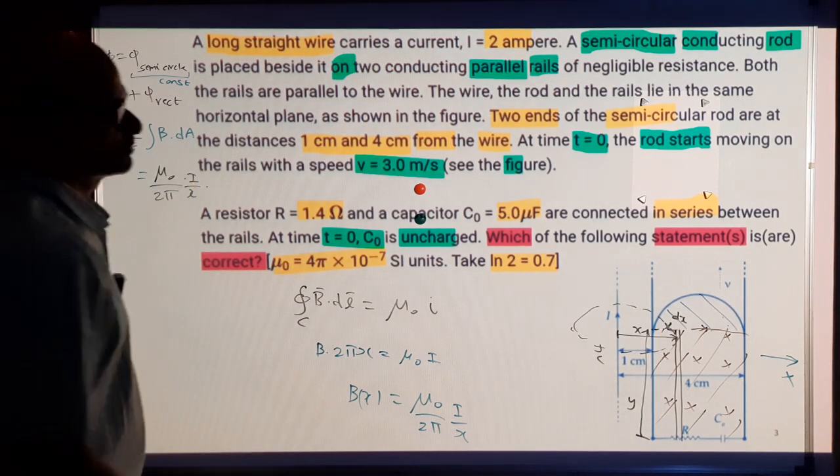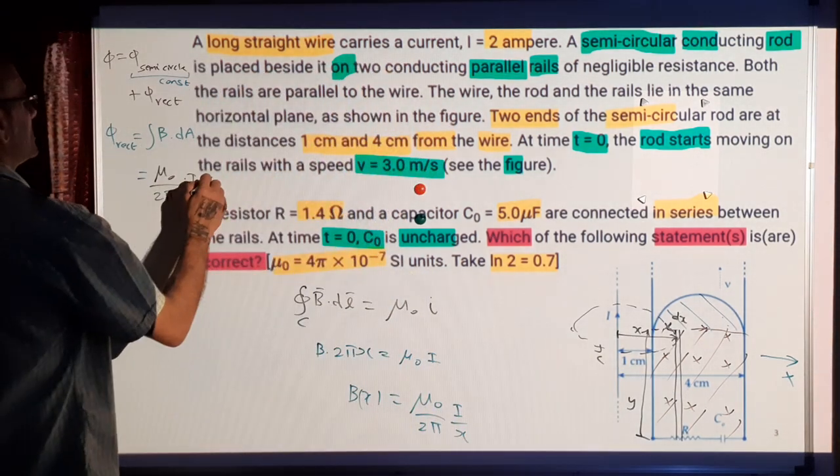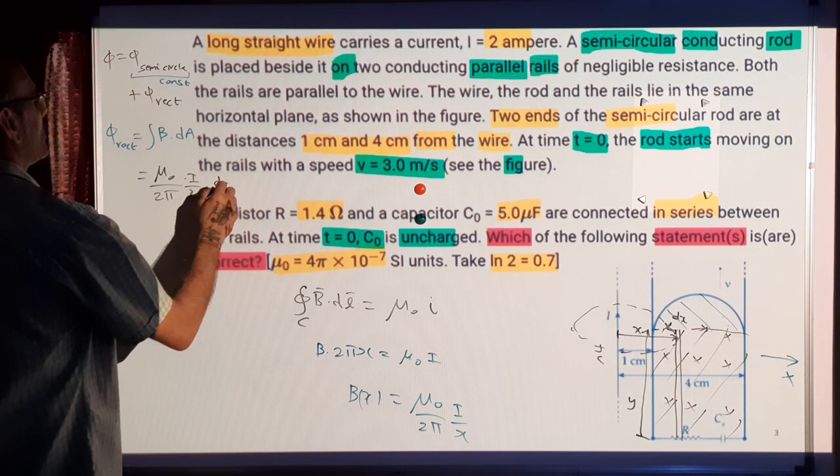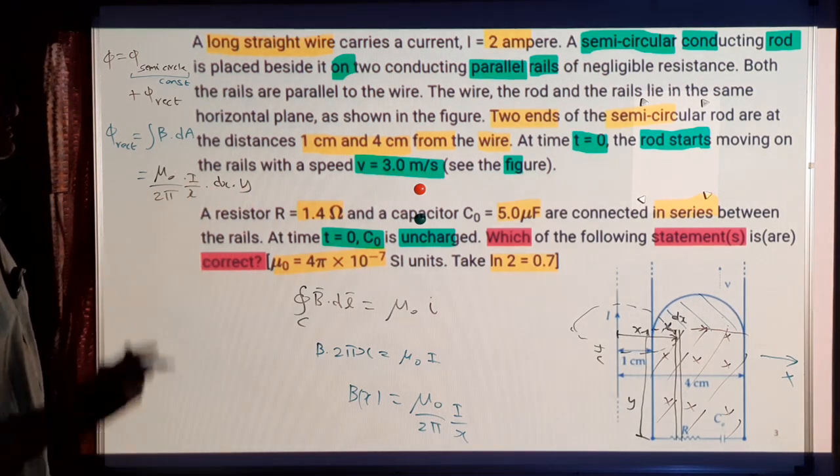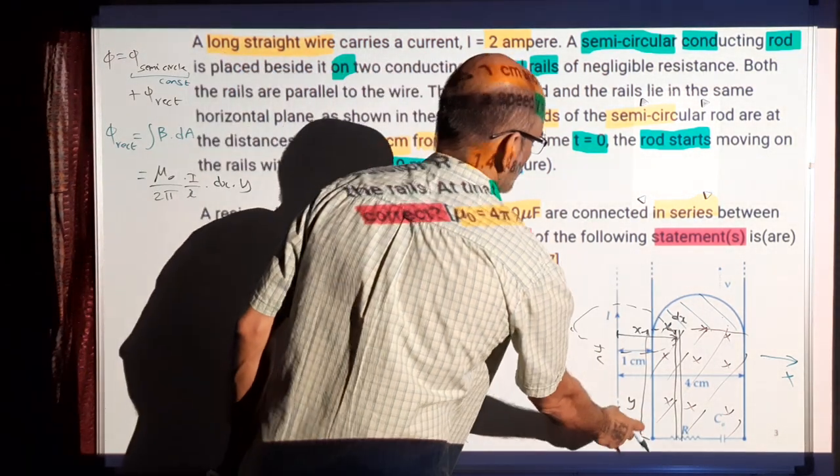The area of the strip is dx into y, and as the rod moves, y will increase.